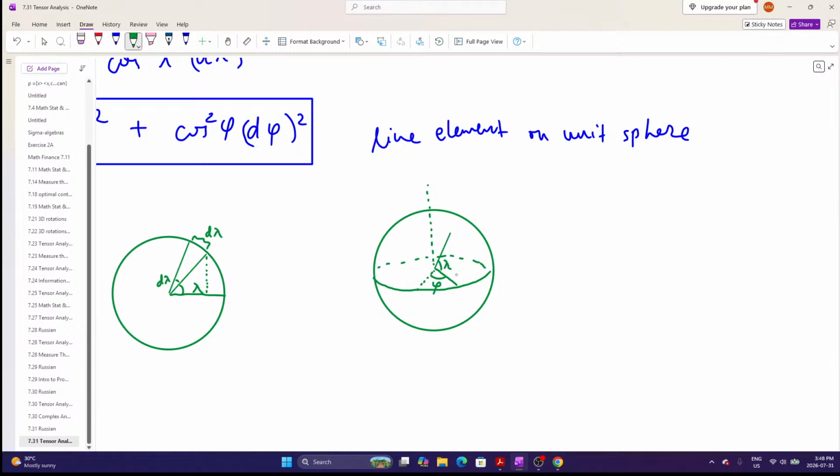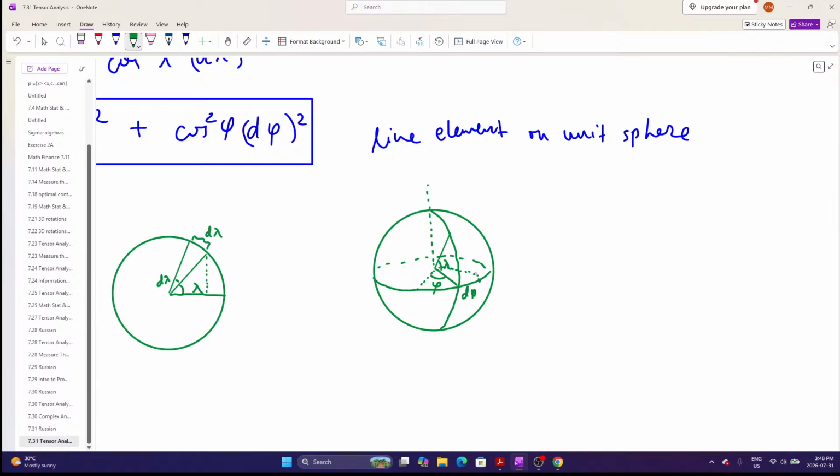I'm going to draw a meridian that corresponds to this particular longitude phi. Then I'm just going to change phi by a tiny amount, and that can be labeled as this piece of arc. The length of that will be d phi.